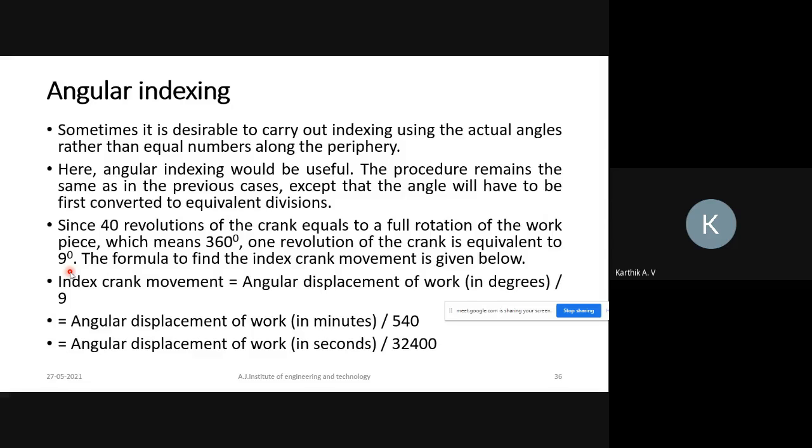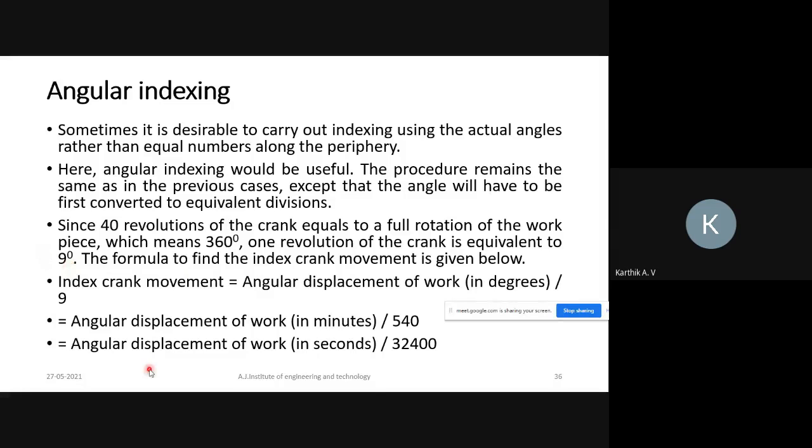So 40 into 9 is 360, and 360 divided by 40 is 9 degrees. 9 degrees is one tooth in the spur gear. Understood? One tooth in the spur gear is equal to 9 degrees.